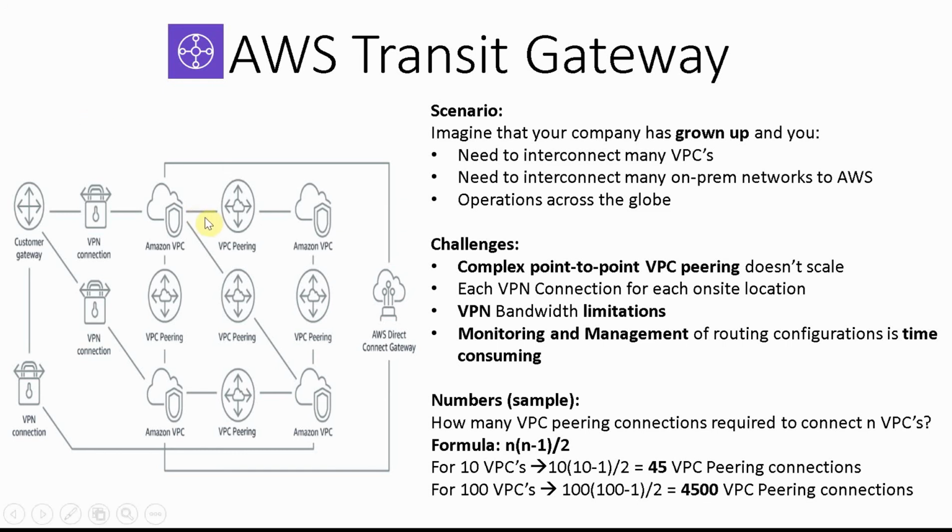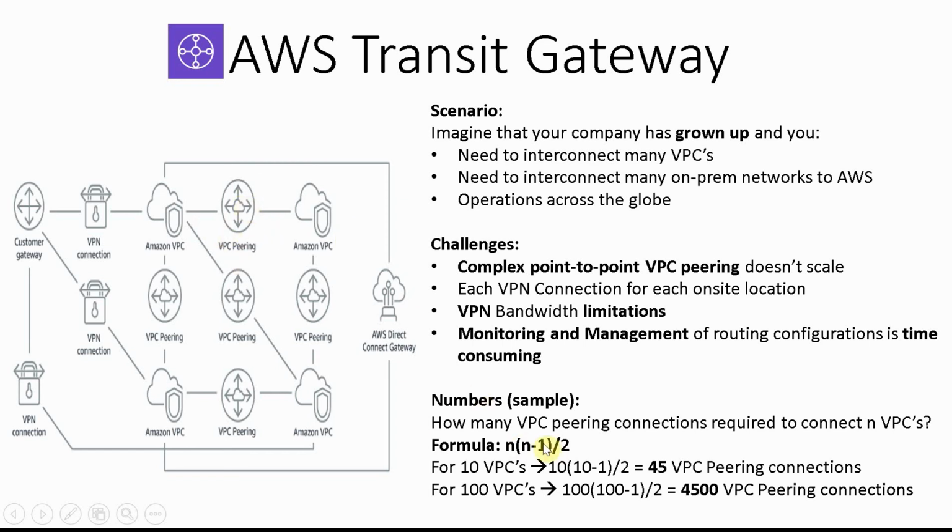The traditional approach is that you create VPC peering between these two VPCs. With 3 VPCs, you need more, and we have a formula here. How many VPC peerings do you need between VPCs to manage? The formula is n into n minus 1 by 2. For example, if you take two VPCs, how many VPC peerings do you need?